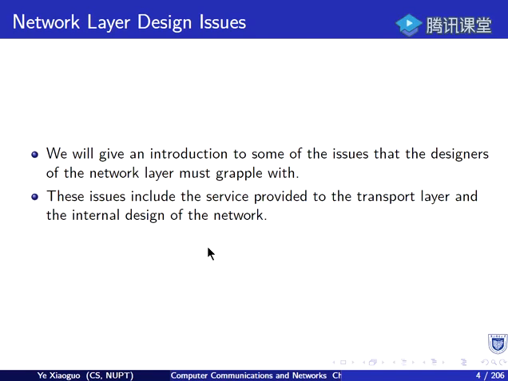Usually, the lower layers provide the services to the upper layers. So the transport layer is based on the network layer. The transport layer uses services provided by the network layer.